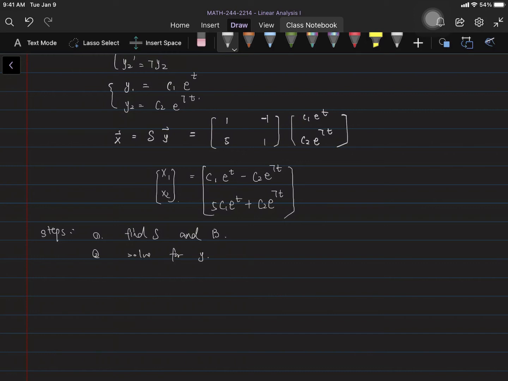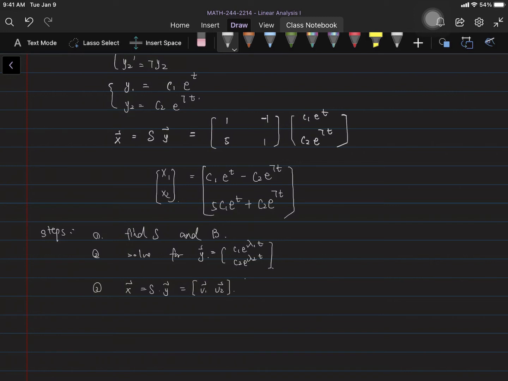And what is y? c1 e to the lambda 1 t, c2 e to the lambda 2 t. And the third step, x equals S times y. And what is S? S is made by eigenvectors v1, v2.